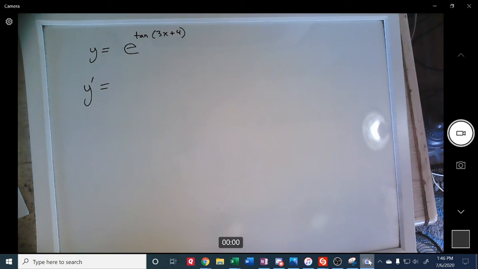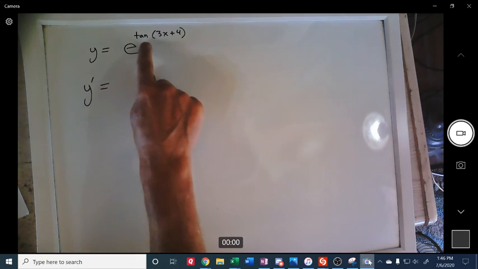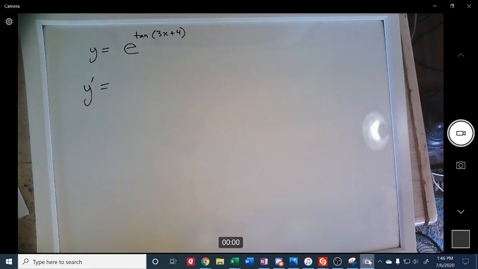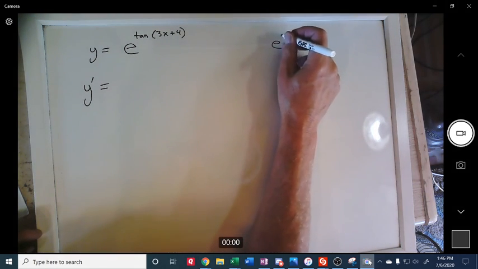Alright, so Christian, I'm going to pick on you for a moment here. On this one, what do you think is the outermost function? The outermost function, wouldn't that be e to the x? Very good. So we just think of this as e to the something.